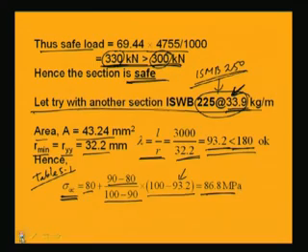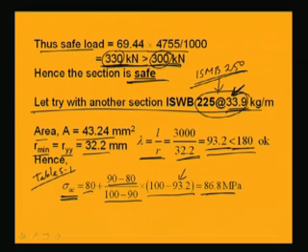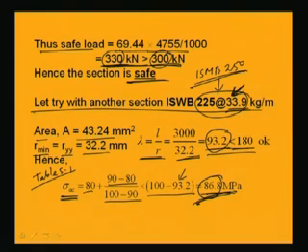Now, if we remember the earlier case, that with ISMB 225 the lambda value is coming 128, therefore, the sigma SE value is coming 58, whereas here the lambda value is coming very less, in place of 128 it is 93, that is why the sigma SE value is becoming more, the allowable compressive stress in the member is becoming more. So, definitely it can carry more load.